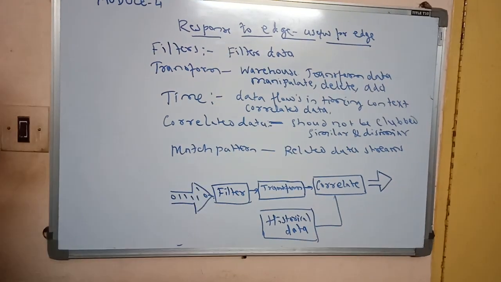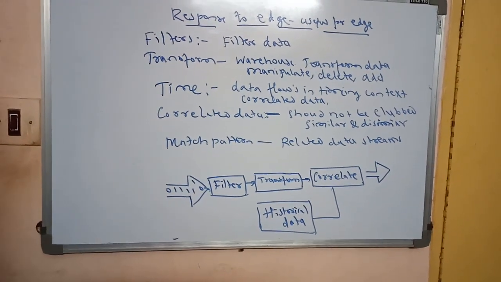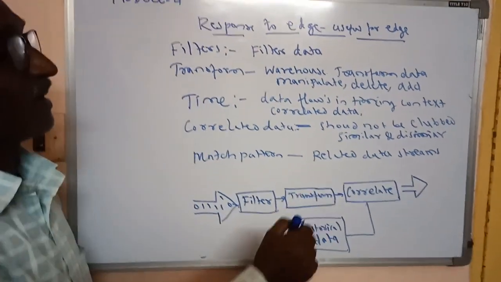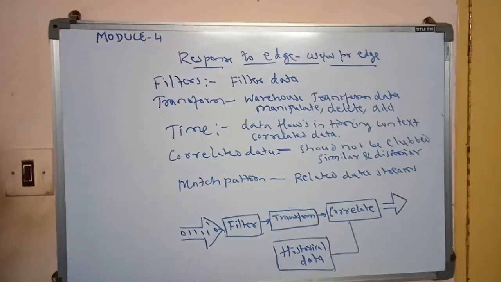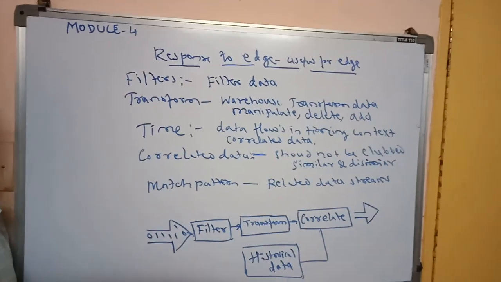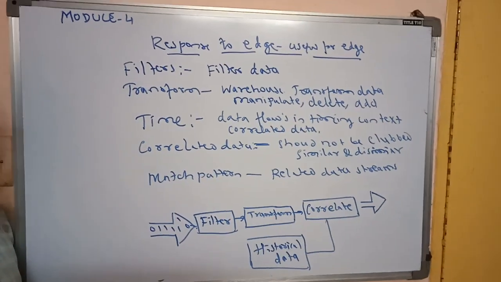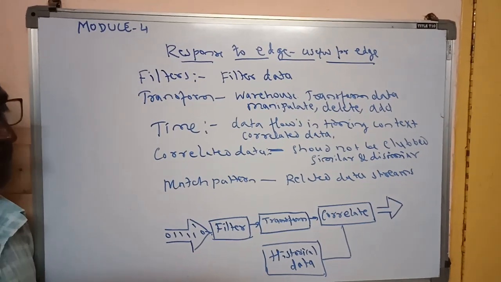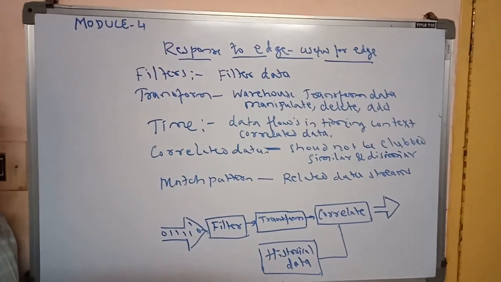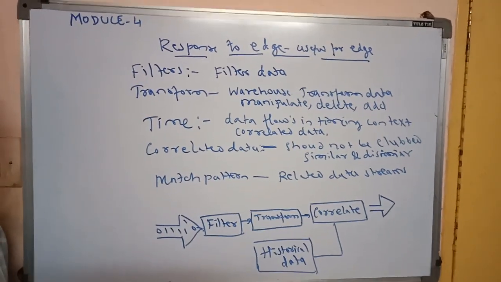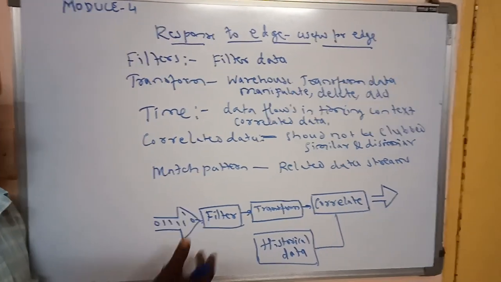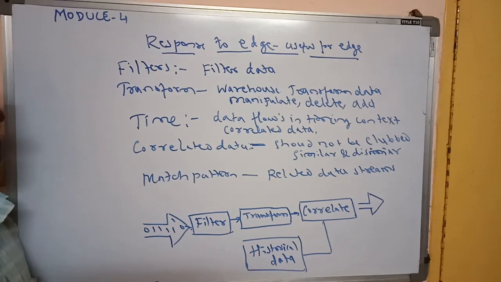Then another important parameter is matched pattern. Matched pattern means related data streams. For example, in a hospital, when you enter a patient, many signals are available. You have to maintain the measurement of biometrics information, then you maintain the silence. If you enter a standard hospital, many related pieces of information are available.